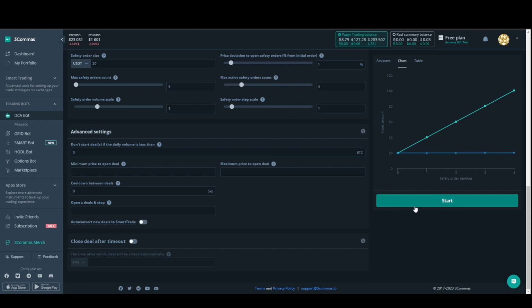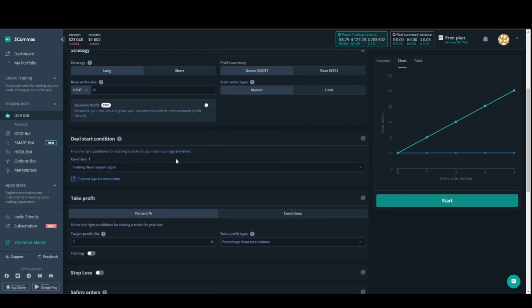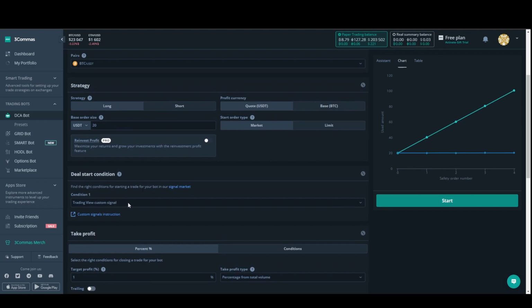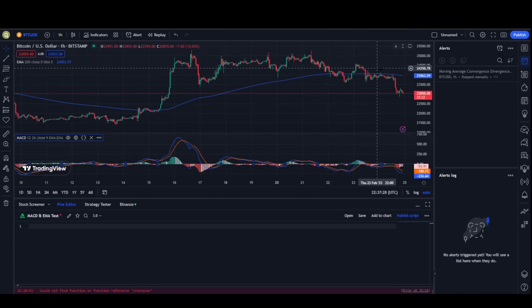So we're going to click start bot. The bot will start. It will then give me a list of different messages, and then it will tell me to message the TradingView custom signal to start the bot, to start the trade. What we would then do is go to TradingView and then go to our alerts.